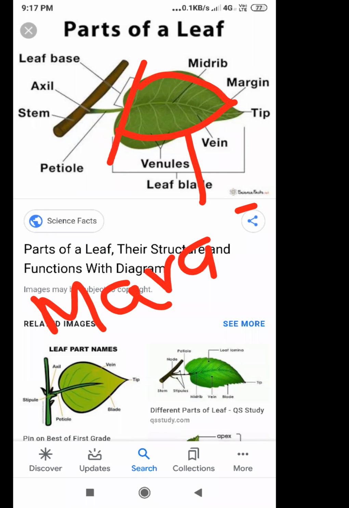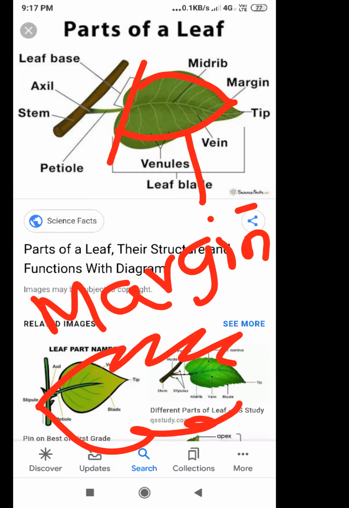Just like how we draw margins on paper, the leaf is also having margins. Based on the margin, the leaf may be smooth, so now it is looking smooth. Sometimes you can see it like this, which is called toothed leaf.